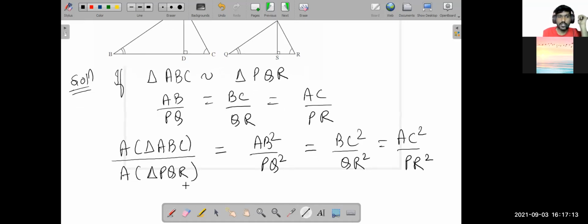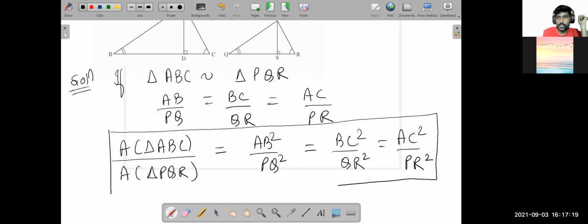It says that the ratio of the areas is equal to the ratio of the squares of their corresponding sides. You solve any one of these, not necessary to solve all three. Whatever is given, substitute that and take the square of it.